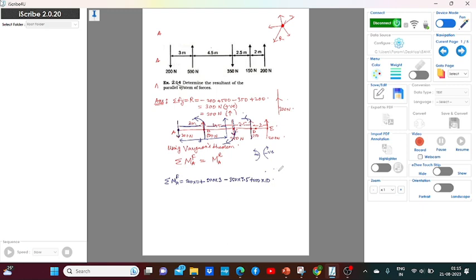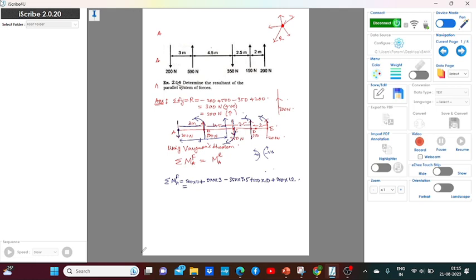And then at the end we are having 200, again anti-clockwise. So it will be 200 into the total distance. The total distance from this 200 to the point A will be 12. Okay, this is my summation of moment at A for all the forces.